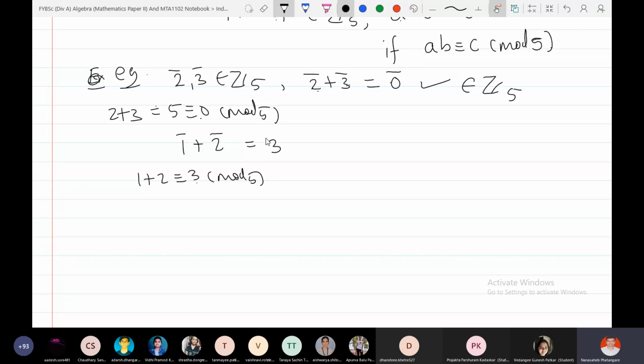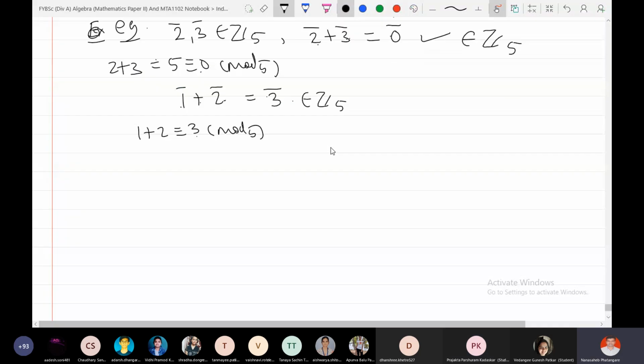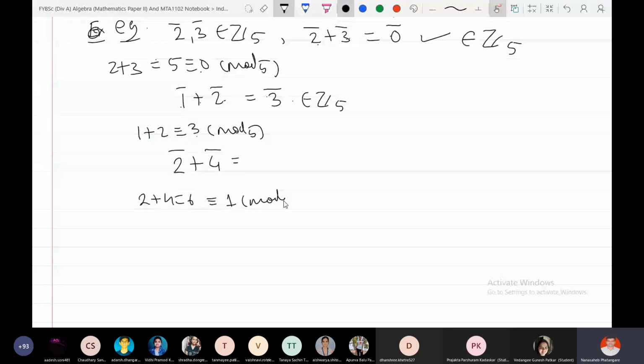So addition of 1 bar and 2 bar is 3 bar, which is still available in Z5. Correct? What is 2 bar plus 4 bar? Now you tell me. 1 bar, because 2 plus 4 is 6 and 6 is congruent to 1 modulo 5. So therefore this is 1 bar.